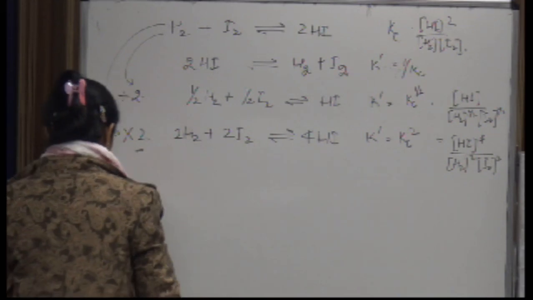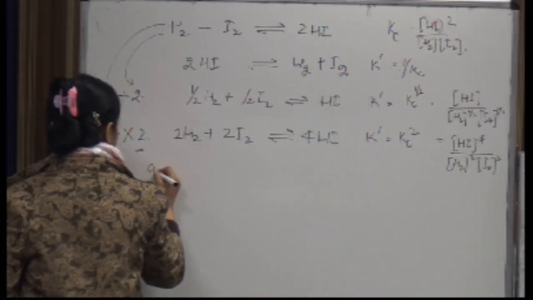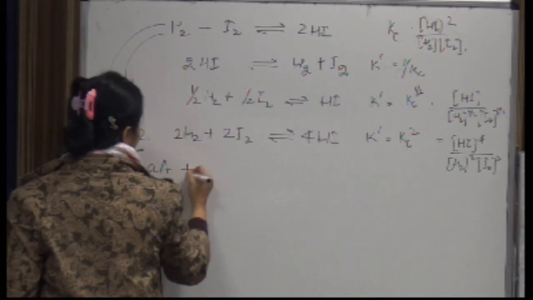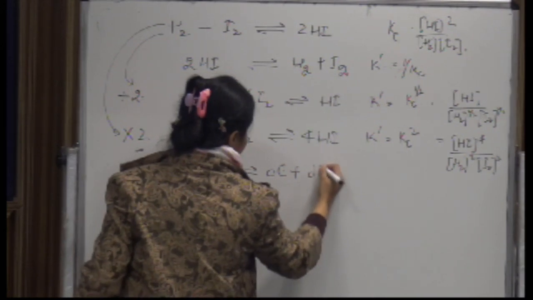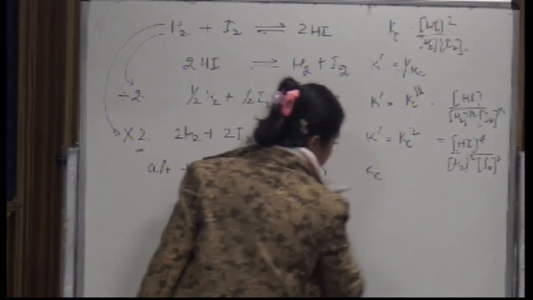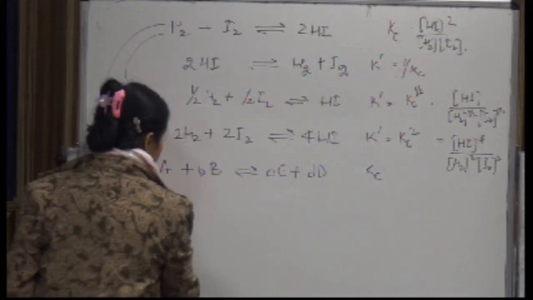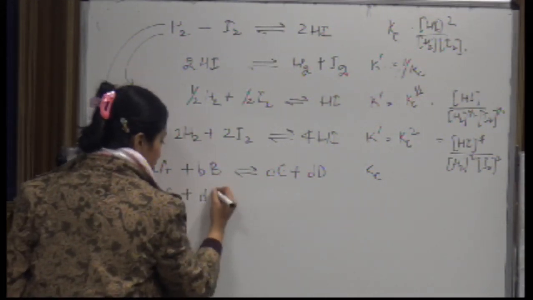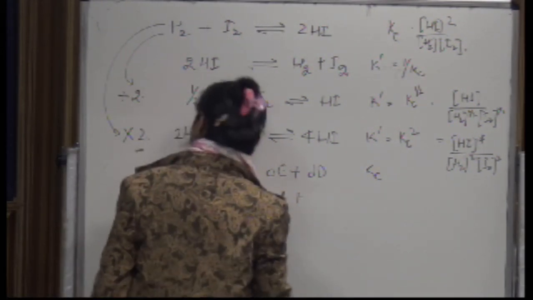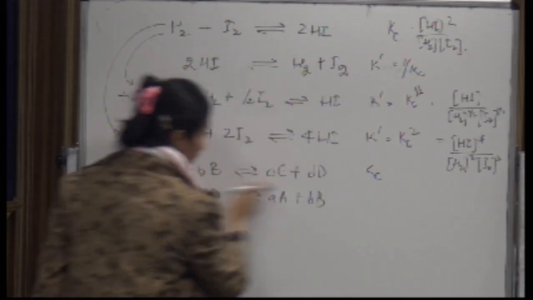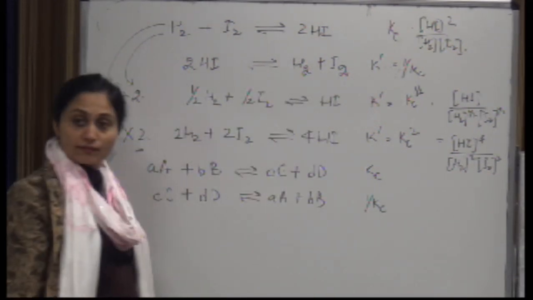I repeat what I just stated: if you are taking a general reaction, say aA plus bB is giving cC plus dD, and I am saying this reaction possesses an equilibrium constant Kc, then if I am reversing the reaction, cC plus dD in equilibrium with aA plus bB, the new equilibrium constant will be 1 by Kc, right?